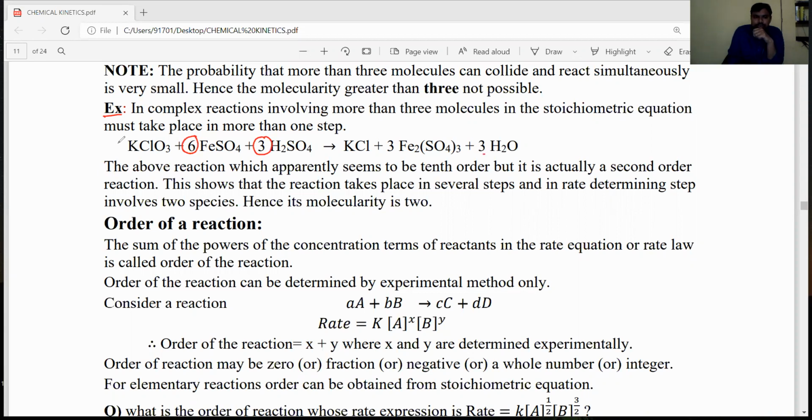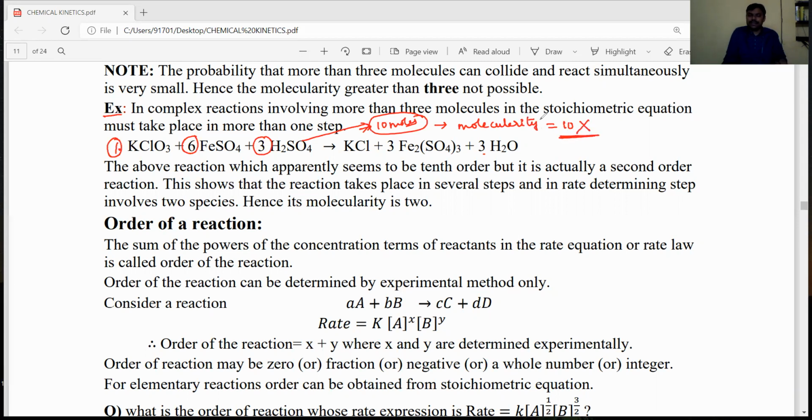If you observe this balanced equation, the total reactant molecules are 1 mole of KClO3, 6 moles of ferrous sulfate and 3 moles of H2SO4, so 10 moles in total. We might think its molecularity is 10, but molecularity more than 3 is not possible.